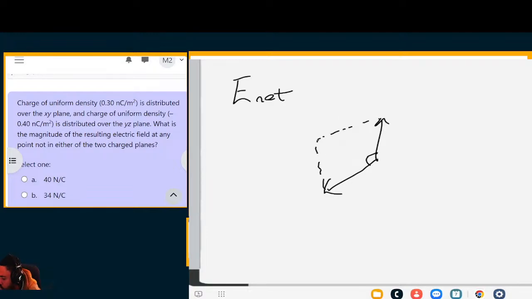Now, if we calculate the magnitude of the resultant field, the net electric field, we have one going up and one going along this direction. That's 90 degrees. That one is going straight up, and that one is going straight along the x-axis. So, if we want to calculate the net electric field, E net, we use Pythagoras.